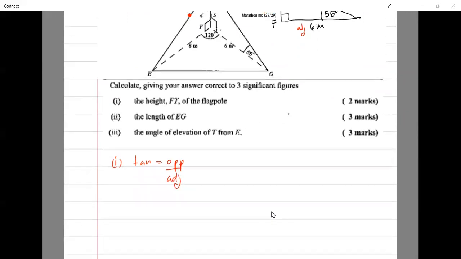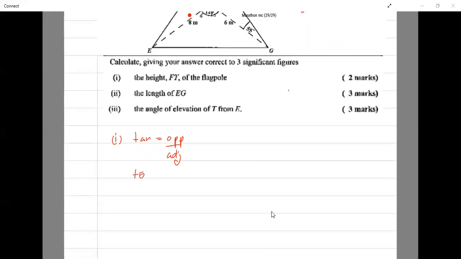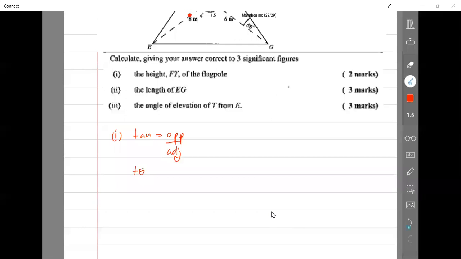Then I'm going to say the tangent of 55 degrees is opposite X over adjacent 6. If I have one fraction equal to one fraction, I'm going to cross multiply.